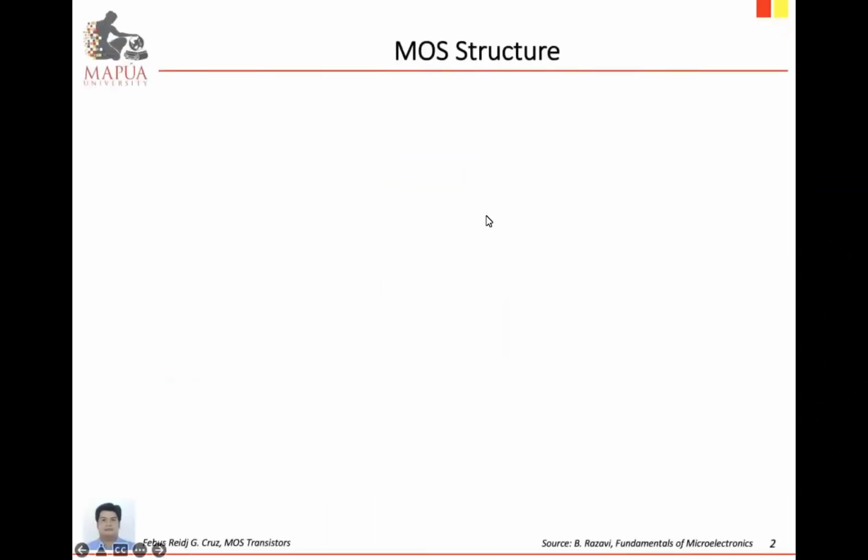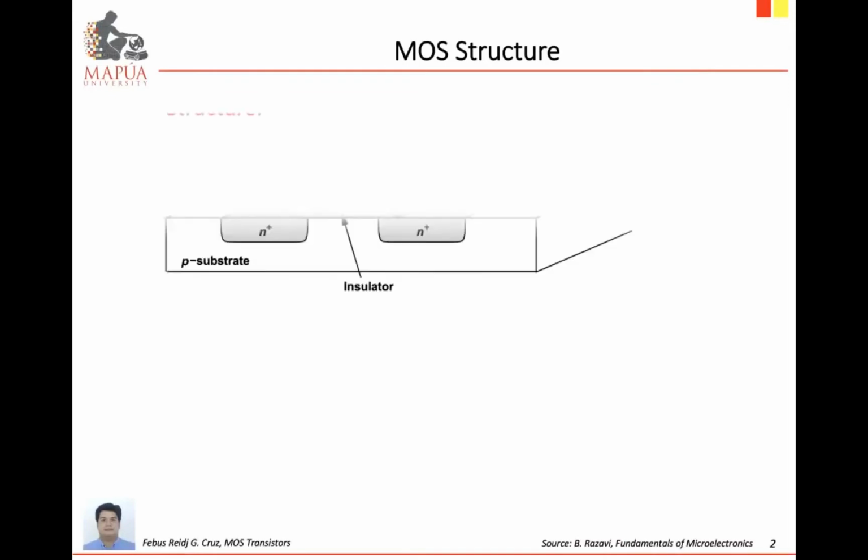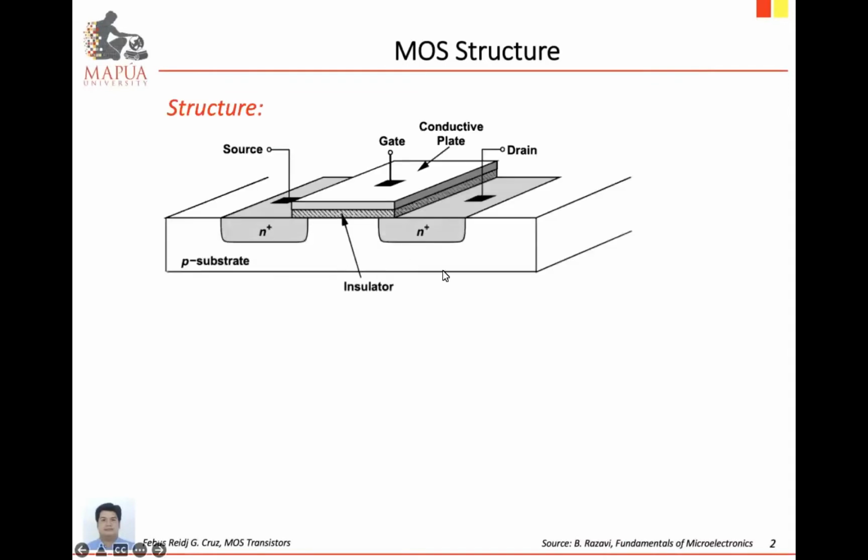So this is the structure of the MOS transistor. We have 4 basic regions. You have the gate, then the drain and source, and then the P substrate, which is what we call the bulk, transistor bulk or transistor body.